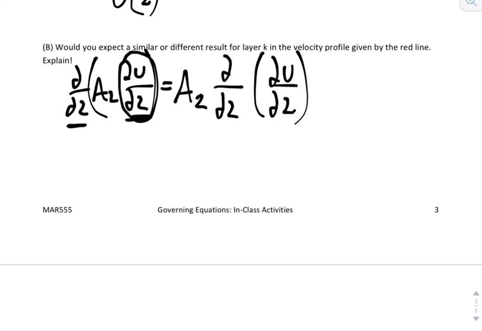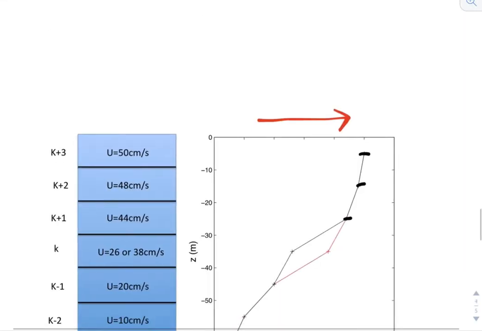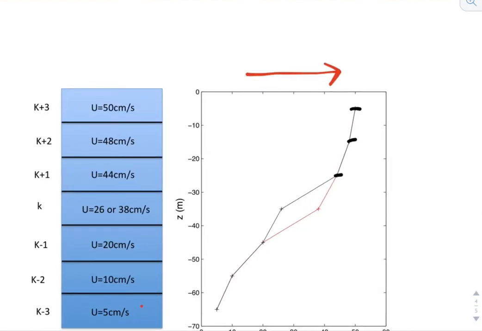Looking back at our parcels here, how am I going to estimate this? Well, I have a second derivative, and to estimate a second derivative, I need at least 3 points. 2 points of information can only tell me a rate of change, a slope. Can only get to the first derivative. I need at least 3 points to do that.